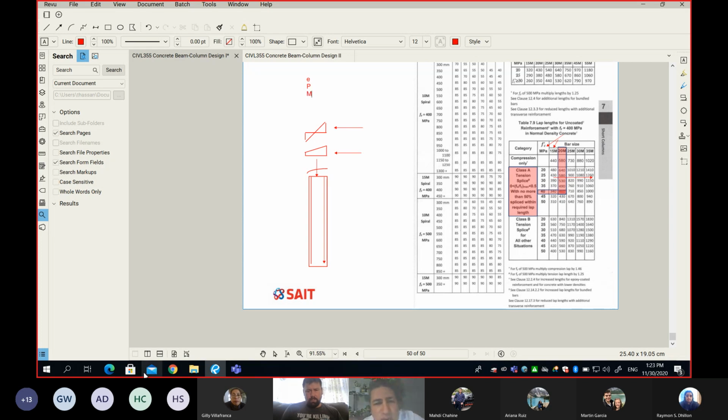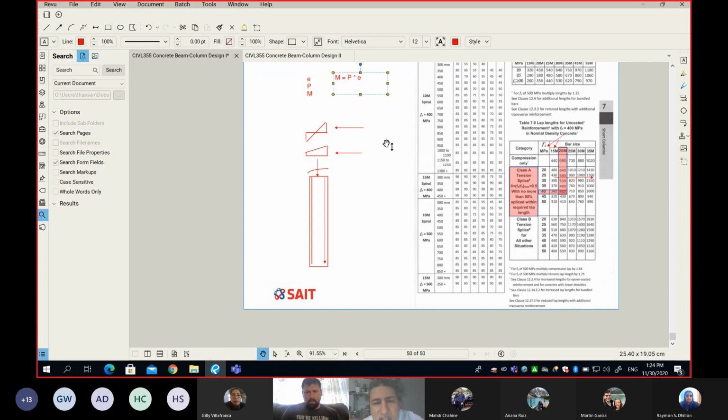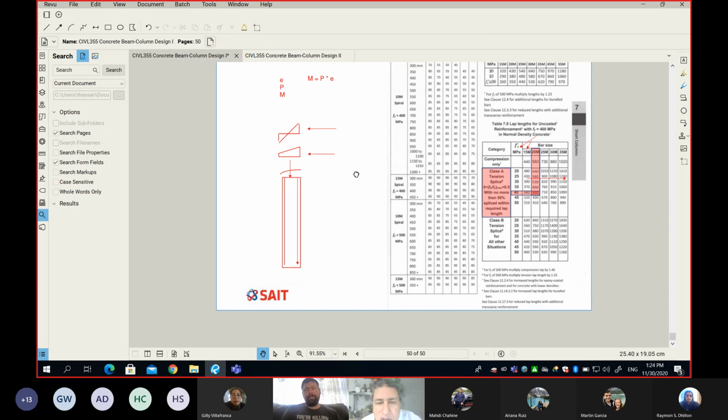Is there any relationship between the moment, eccentricity and axial load? The relation is: the moment is equal to P, the axial load, multiplied by the eccentricity. The more eccentricity we get, the more moment. So it depends on the eccentricity.